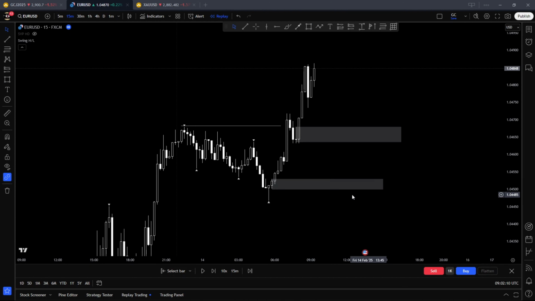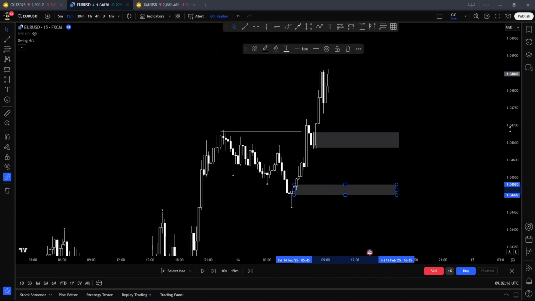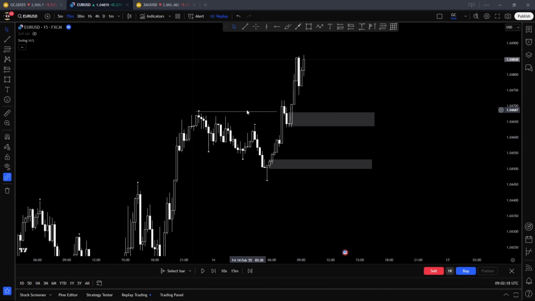This is where confirmation is very important, because if you have multiple zones like this, you need to wait to see how price is going to react at each zone. And if your confirmation gives you the signal that it is respecting this one to the upside, then you need to enter from here.